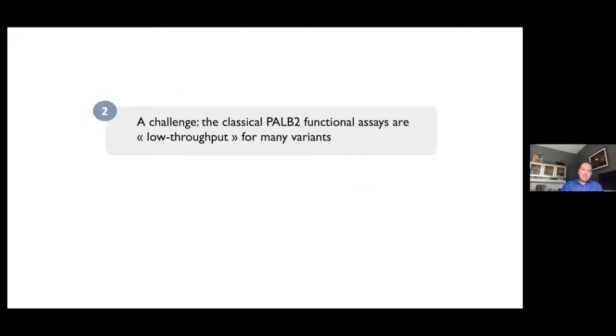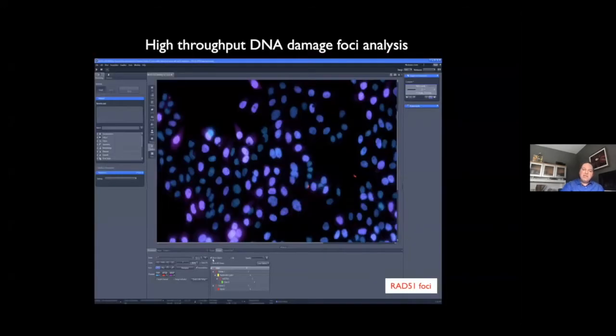So a challenge that we face is that the classical functional assays that we had were really low throughput for many variants. Because when you deal with so many variants, you want to be able to assess very quickly, for instance, a number of foci for RAD51. So we implemented a high throughput DNA damage foci analysis platform on a Cell Discoverer 7 system.